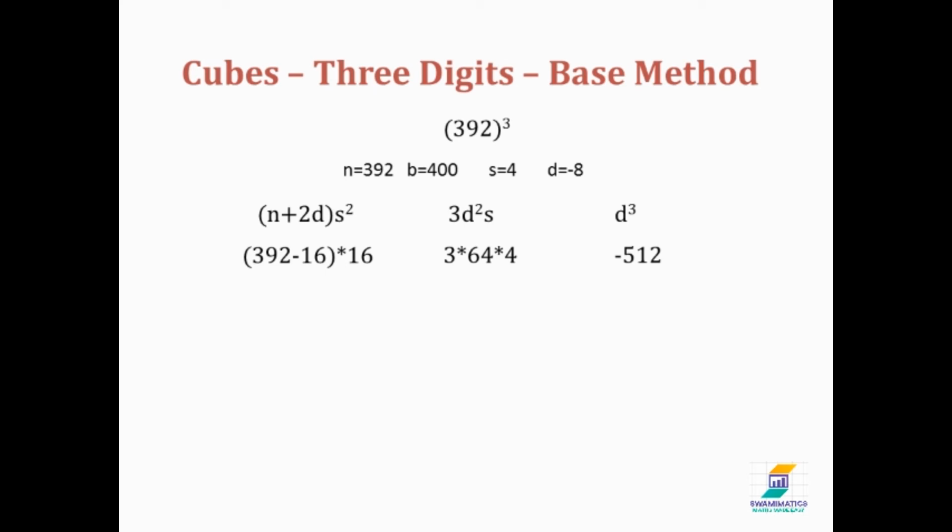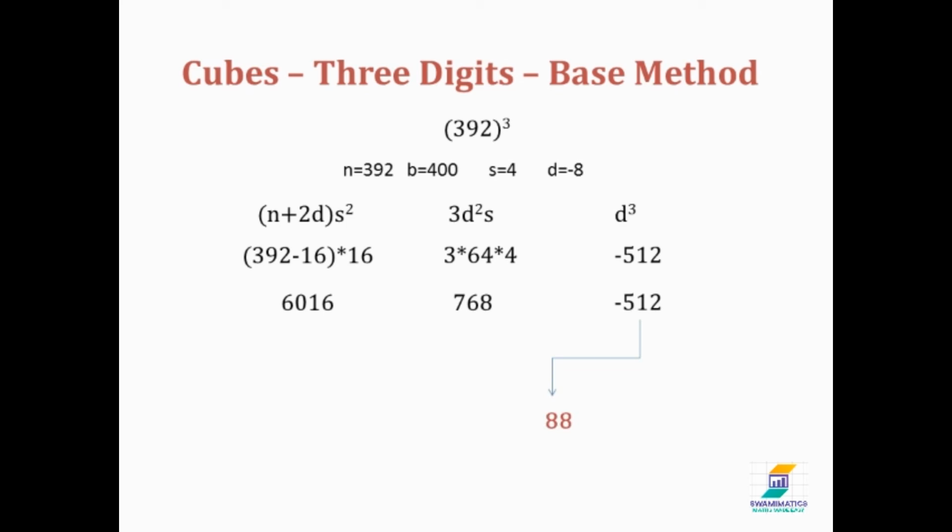Now it is 376 into 16. How do I do 376 into 16? I will take it as 375 plus 1 into 16. 375 into 16 is 6000. So 16 gets added. Now 12 into 64 is 768, minus 512.